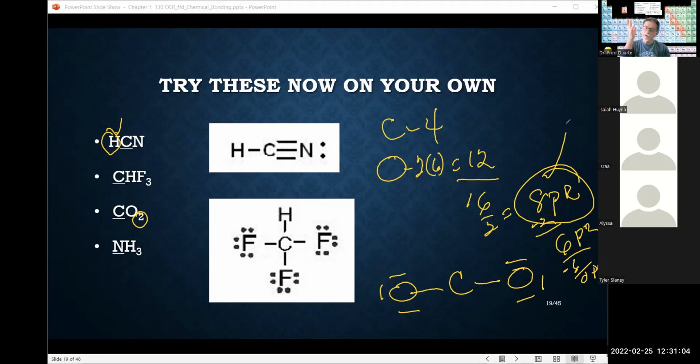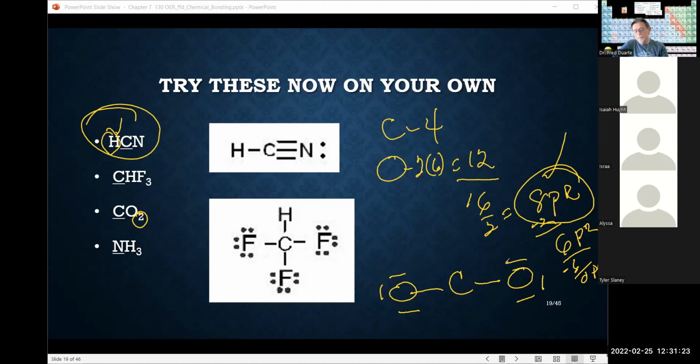Now I check for the octet. If you look at the oxygens, both the one on the left and the one on the right, they're happy. However, carbon only has 4 around it. So just like we did on the first one, we got to take from Peter to share with Paul, so to speak.